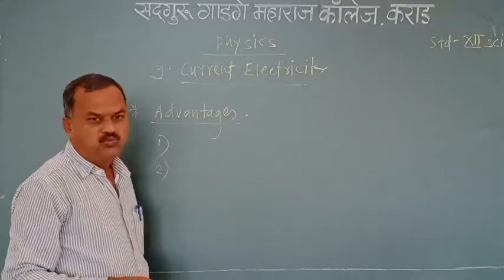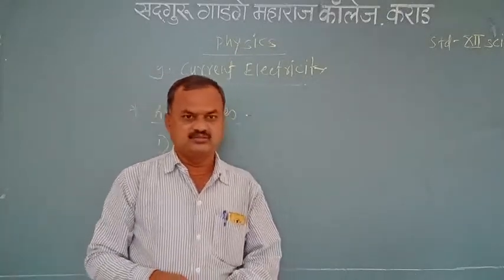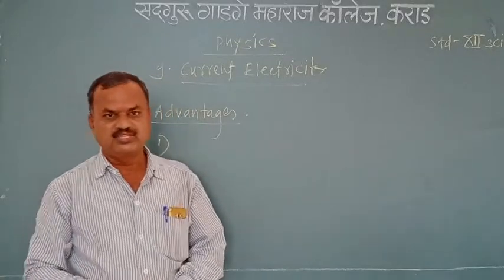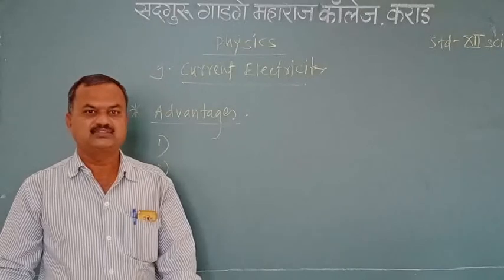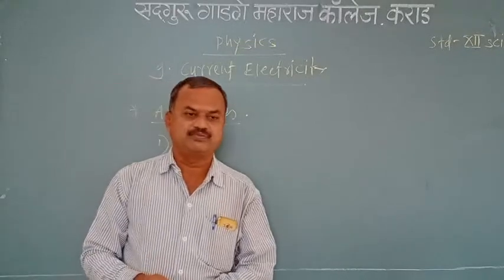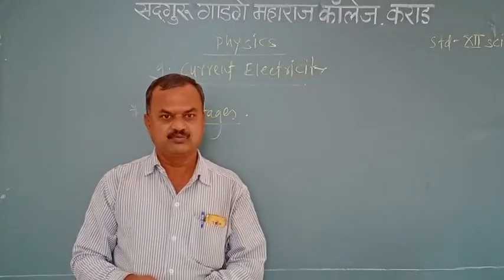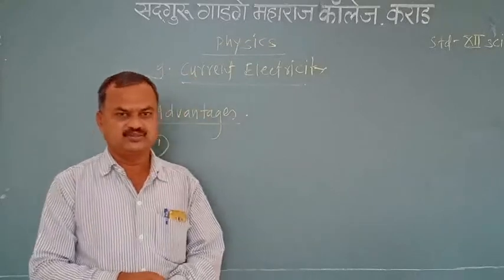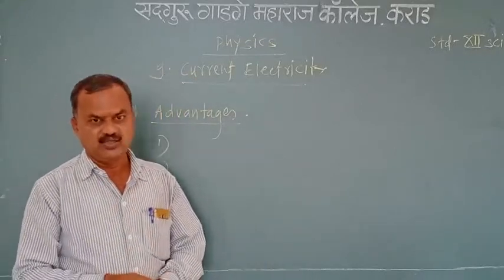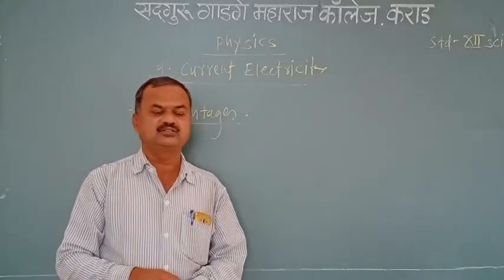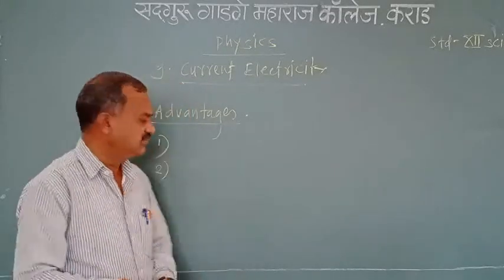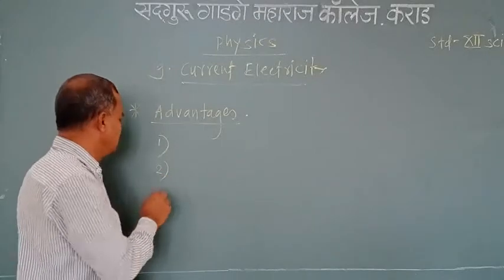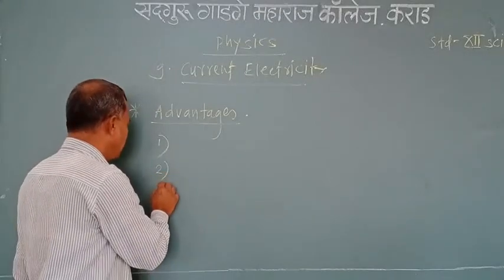Second, potentiometer can be used to measure potential difference as well as EMF of given cells, but voltmeter can only be used to measure potential difference because voltmeter draws some current through it. This is second advantage of potentiometer over voltmeter.